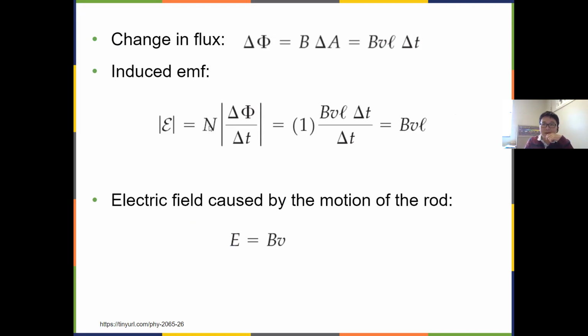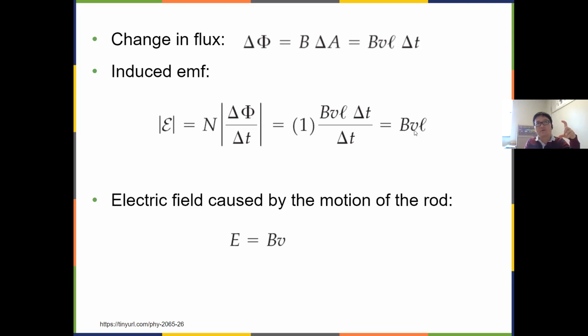In this case, we only have one loop, so N is equal to 1. So the induced EMF inside the circuit will be delta phi over delta T. So delta T will cancel out, and at the end you'll just have B times V times L.